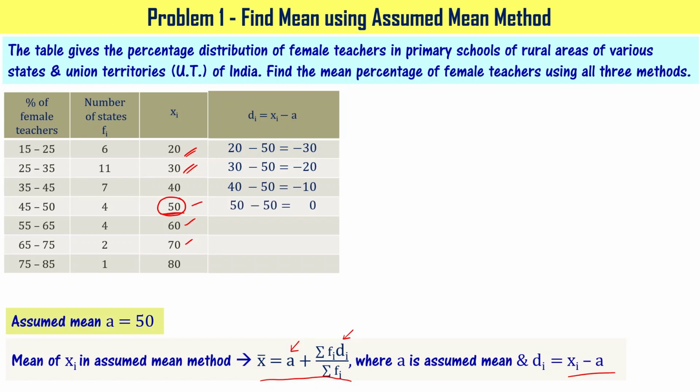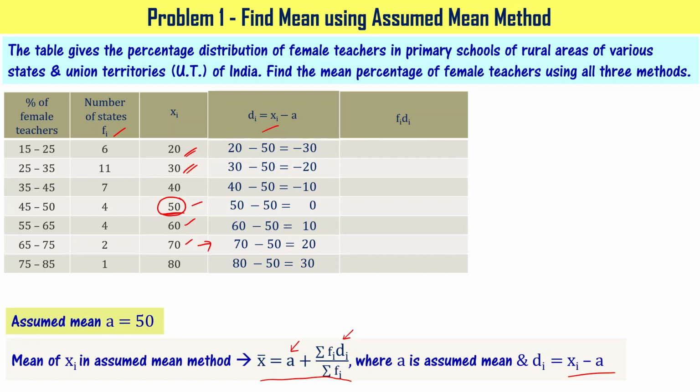For the next class, it is 60 minus 50. For class of 65 to 75, it is 70 minus 50. For the last class, it is 80 minus 50, right? We have now di values. And we know values of fi. We know values of di now. So let's find fi di.